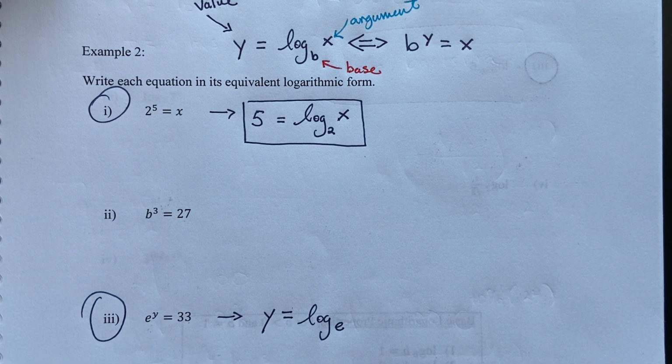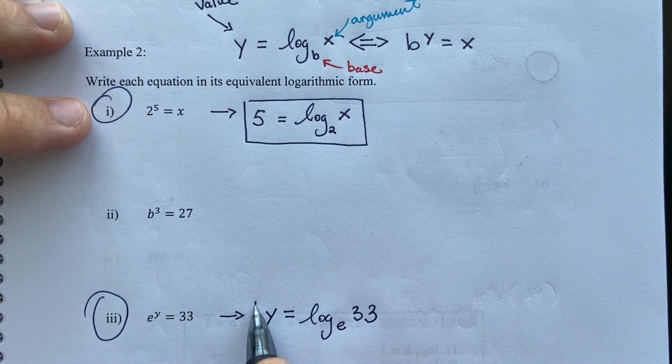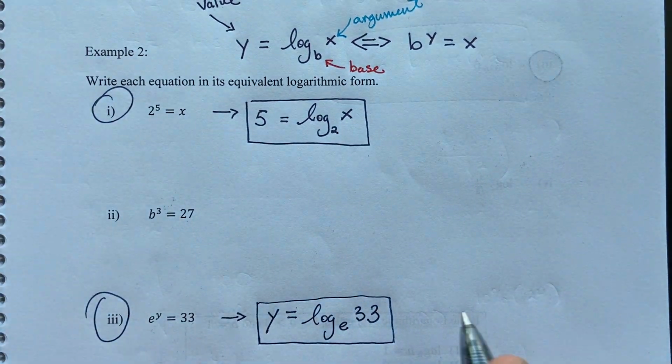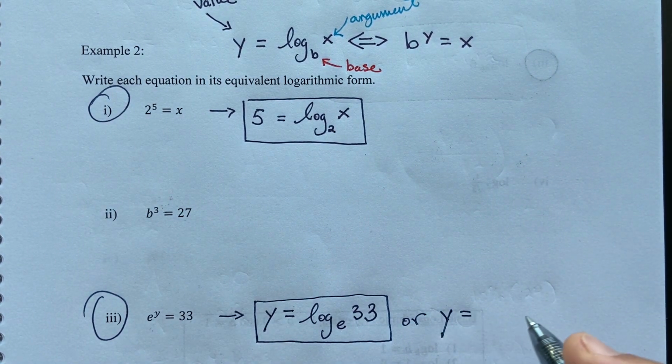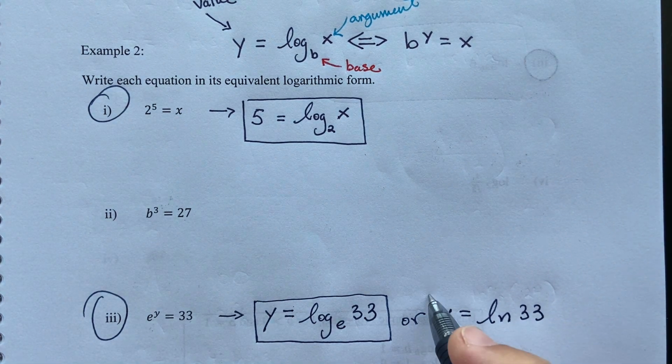So with this one, the argument will become 33. So this would be a logarithmic version of that, or we'll see this in a second, you could write y equals the ln of 33.